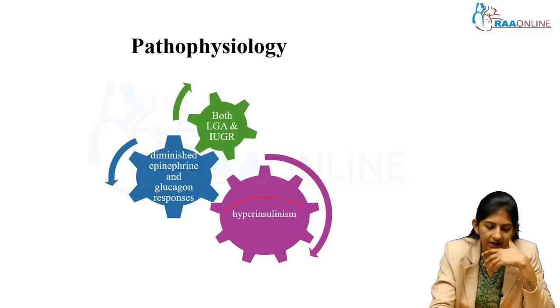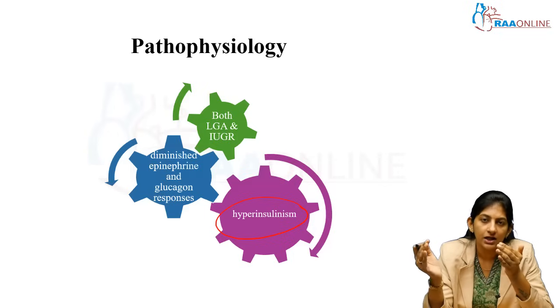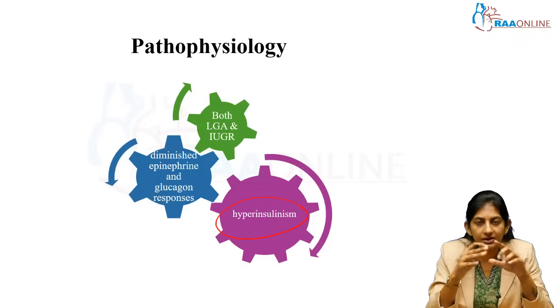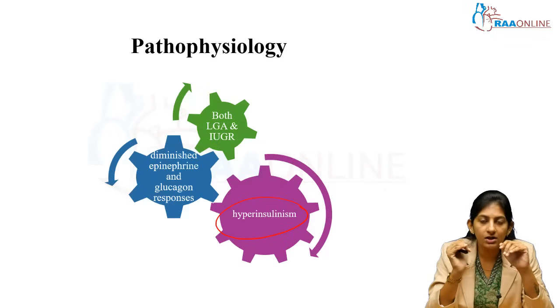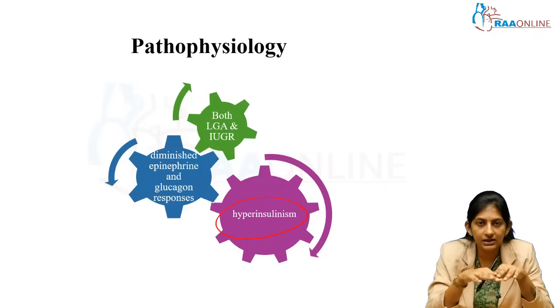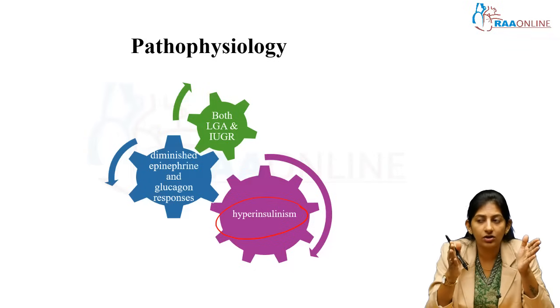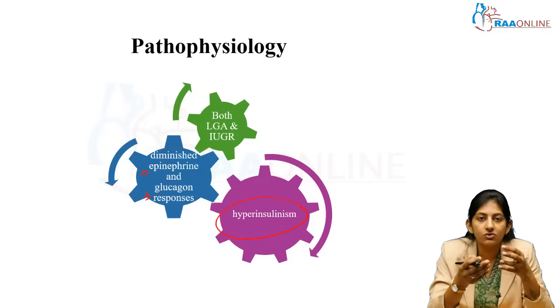So because of the hyperinsulinism in the fetus, which is extending to the newborn baby, what happens? Once we don't give the glucose, this hyperinsulinism is going to result in hypoglycemia. One more important pathophysiology is that in these infants of diabetic mothers, in response to persistent hypoglycemia, even the epinephrine and the glucagon response is diminished.